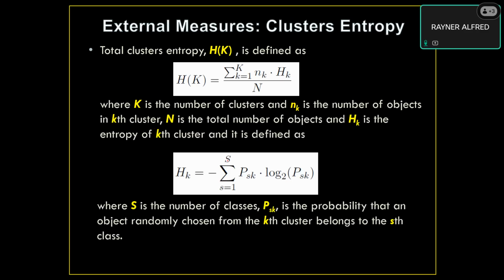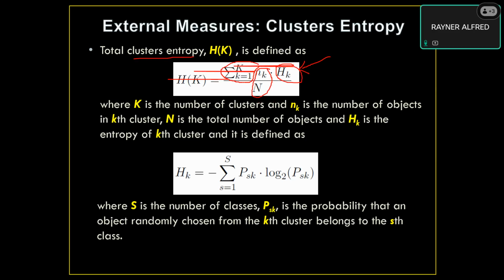The cluster entropy here is defined by the sum of the entropy for each cluster, multiplied by a weightage. Each cluster has a weightage depending on the number of members in that particular cluster. So this is what we call the entropy of the clustering.